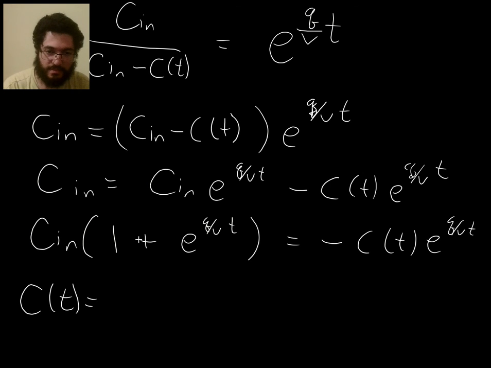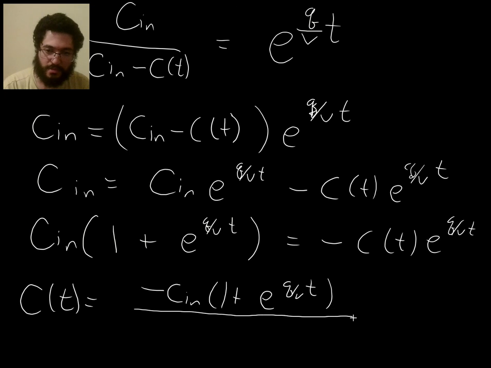Let me move this minus sign to the other side and divide by e to the Q over Vt. So minus Cn times 1 plus e to the Q over Vt, all over e to the Q over Vt. And there's certainly a nicer way to write that.